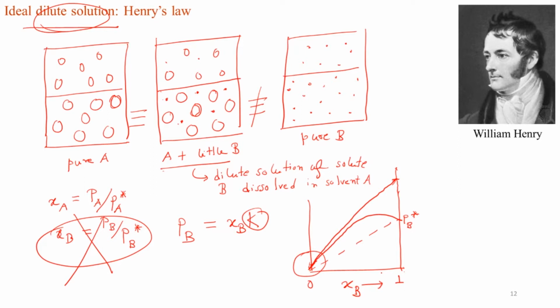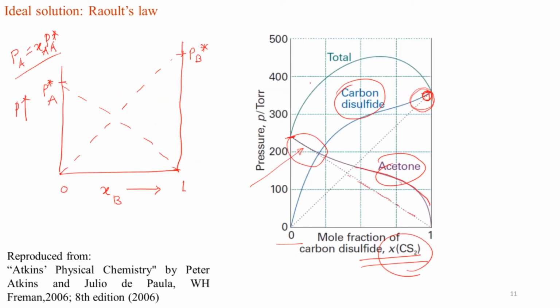And in the dilute limit, when B is much less compared to A, you will see linear behavior, but this linearity will not be proportional to PB star. And the physical reason is something like this. When this is a very dilute solution with respect to B, you see a very large departure from Raoult's law, which is where Henry's law comes in. You can see it here also.